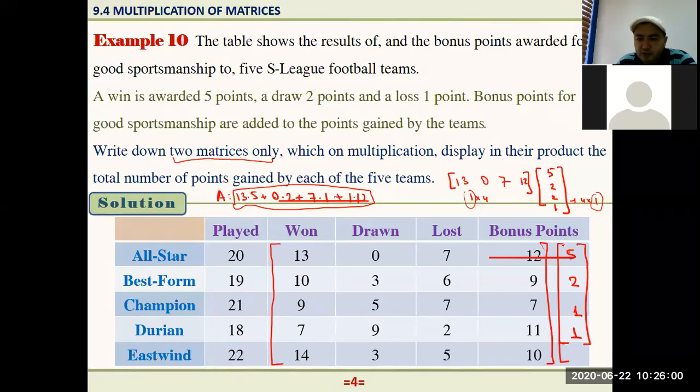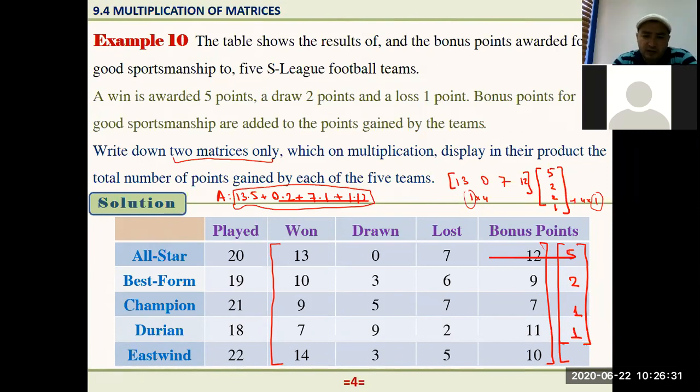So I multiply 5 by this, 2 by this, 1 by this, 1 by this. When you count the rows here, 1, 2, 3, 4, 5, and the columns 1, 2, 3, 4, this is a 5 by 4 matrix. Here we have 4 by 1. So the resulting matrix will be 5 by 1. Each entry gives us the total score earned by each team. Okay, that is the main idea.